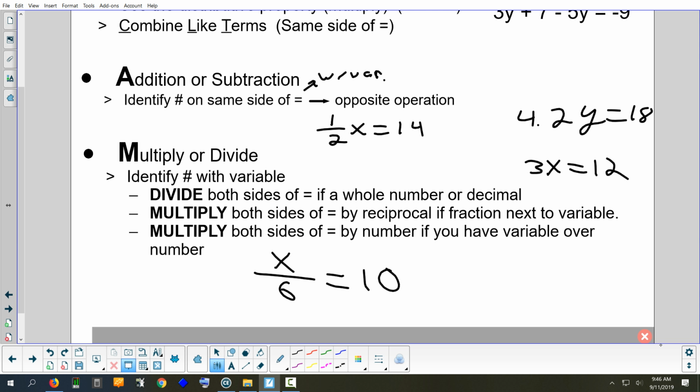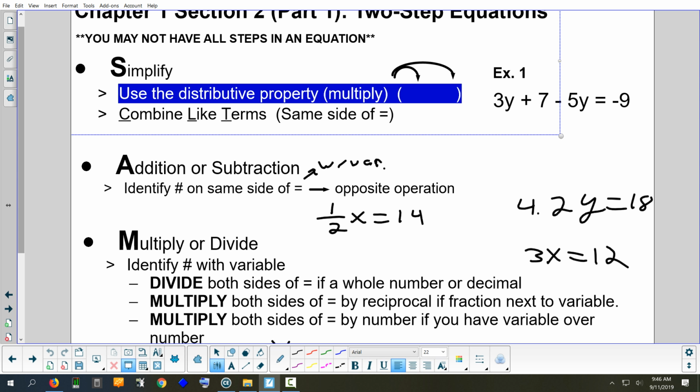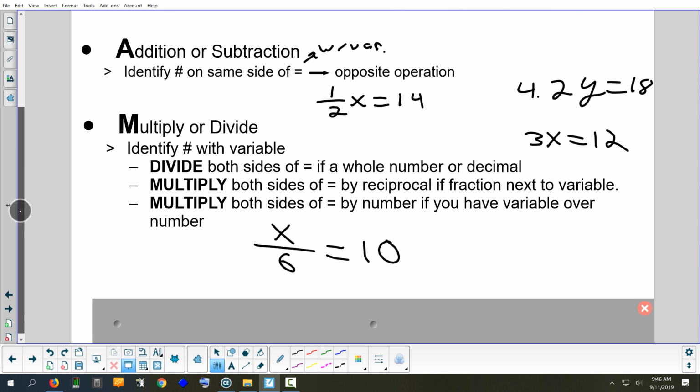A fraction in front of the variable, multiply. Whole number or decimal in front of the variable, divide. And as far as steps you're going to need, those are all the steps you're going to need for the problems we do today and the problems we do tomorrow. I think tomorrow is when we get into distributive property.